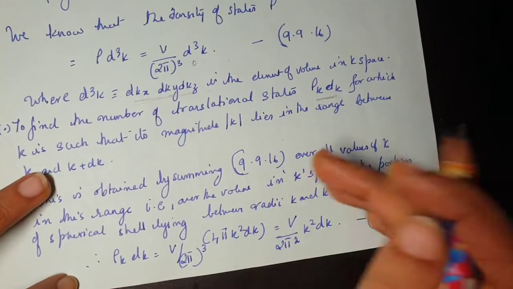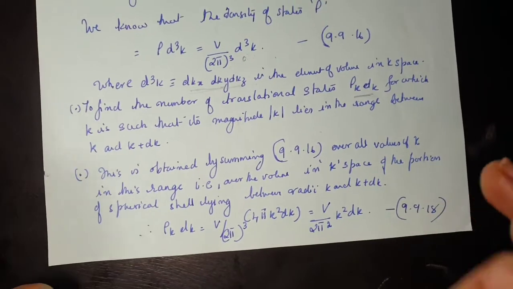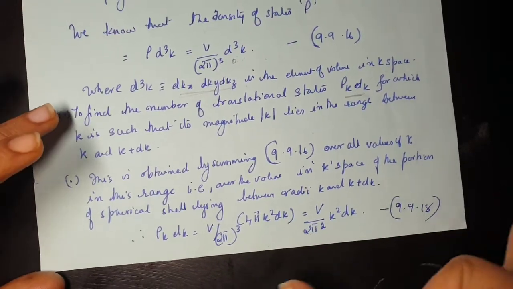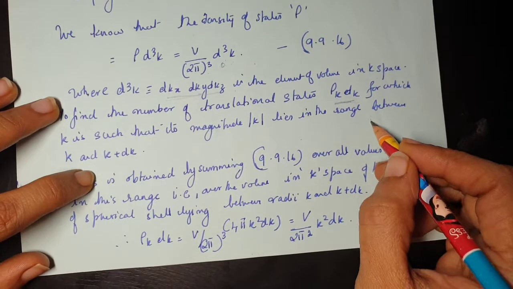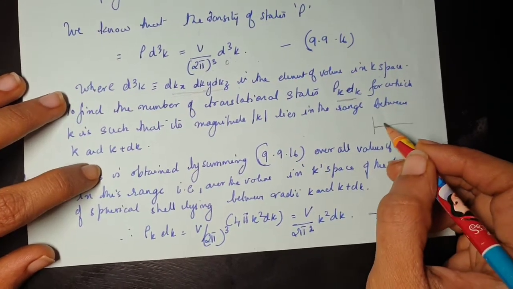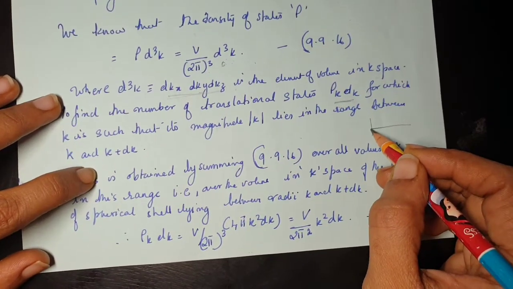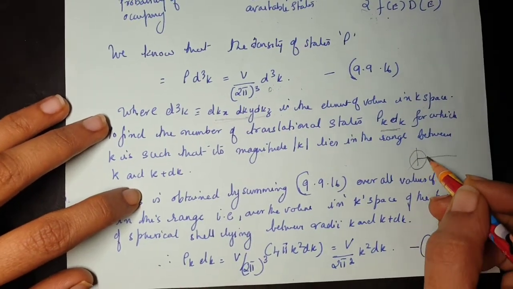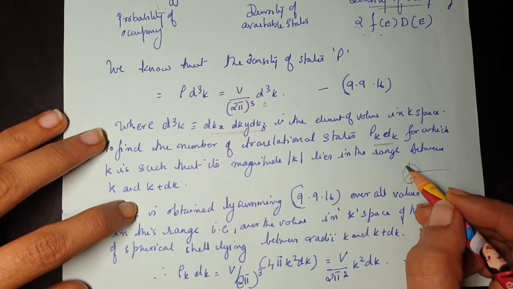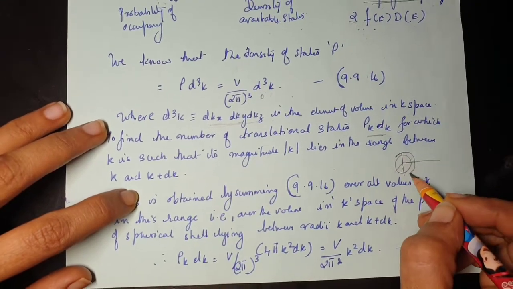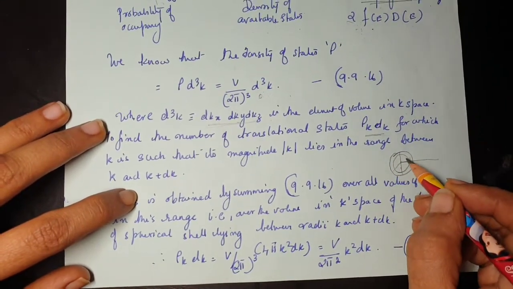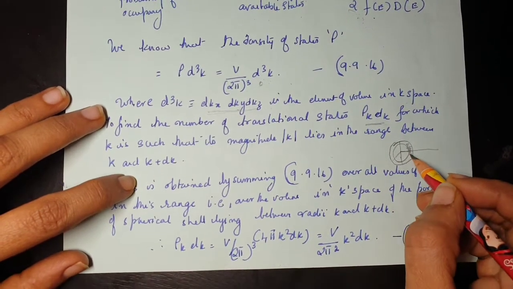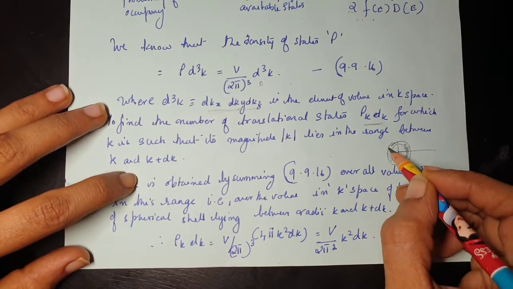If I want to find a certain number of states in a fixed volume inside k space, again I am going to take a sphere. So this is your k space. If I take a sphere like this and I want to find the number of states that are occupied in this area, what are the available states in this region?